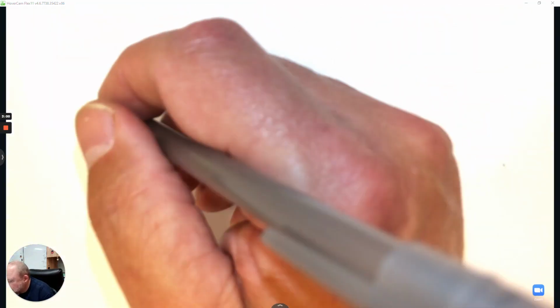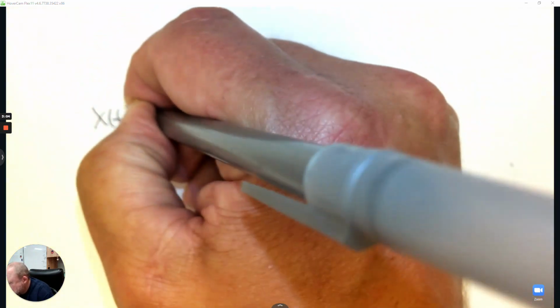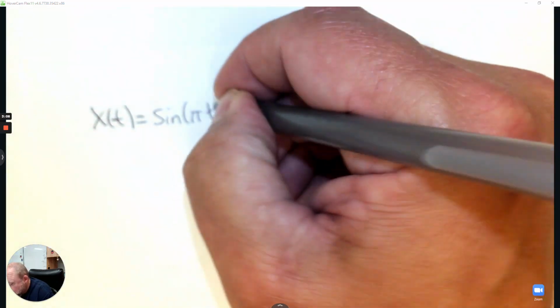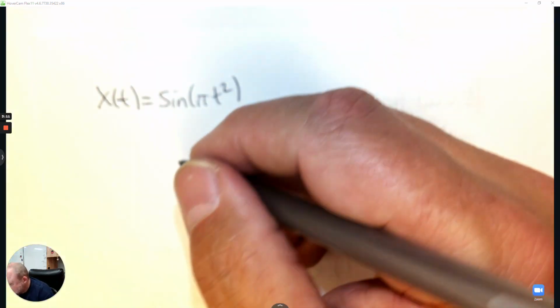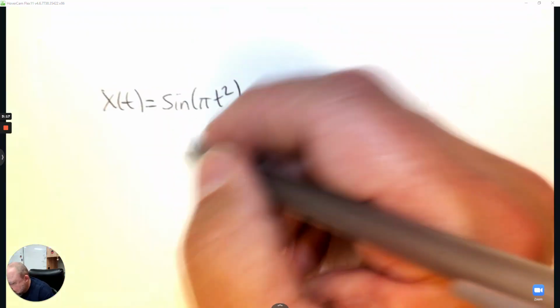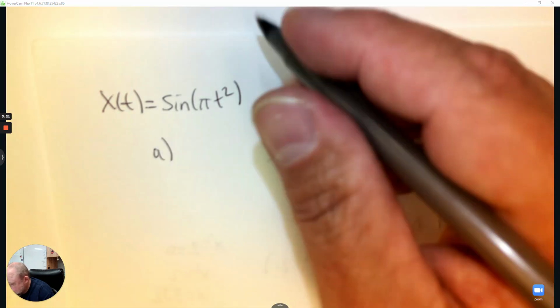A particle moves along the x-axis so that its position, and we're going to use a calculator here, is sine pi t squared between -1 and 1. That's going to be important. And then we're going to do a few things. So find the velocity.